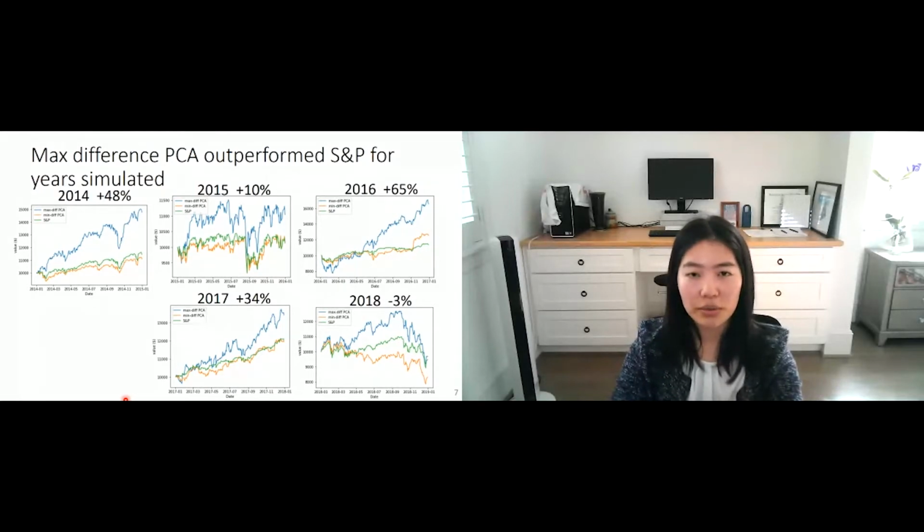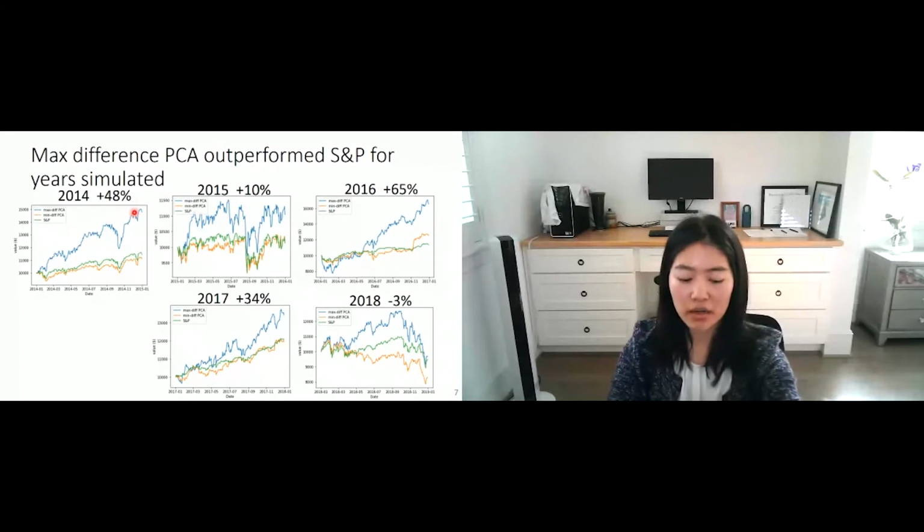And here I'm showing the results for the PCA reconstruction error portfolios in the S&P 500. So the max reconstruction error for PCA is the blue line, the min reconstruction error portfolio is the orange line, and then S&P is the green line.